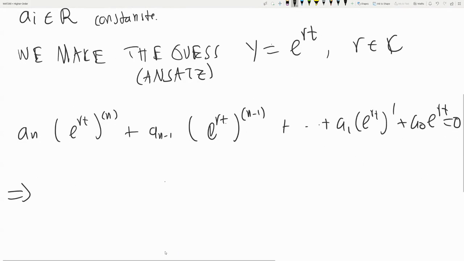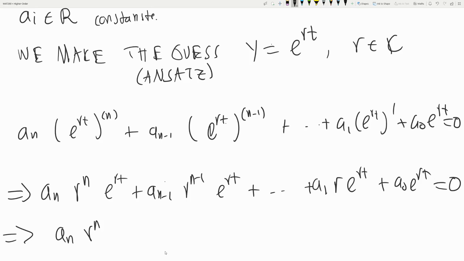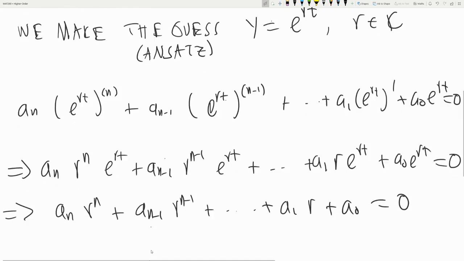Okay, so if you take the derivative, you get r to the n, r to the n minus 1, and a_0 e^(rt). Factor out the exponential, and you get an nth degree polynomial.